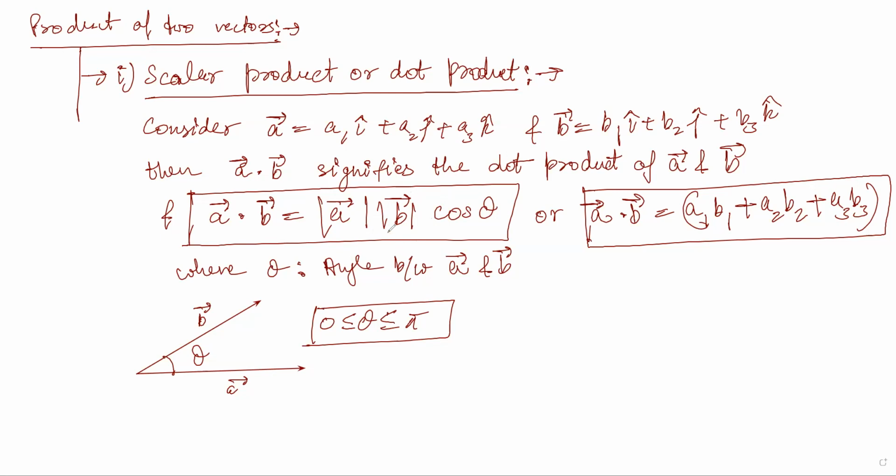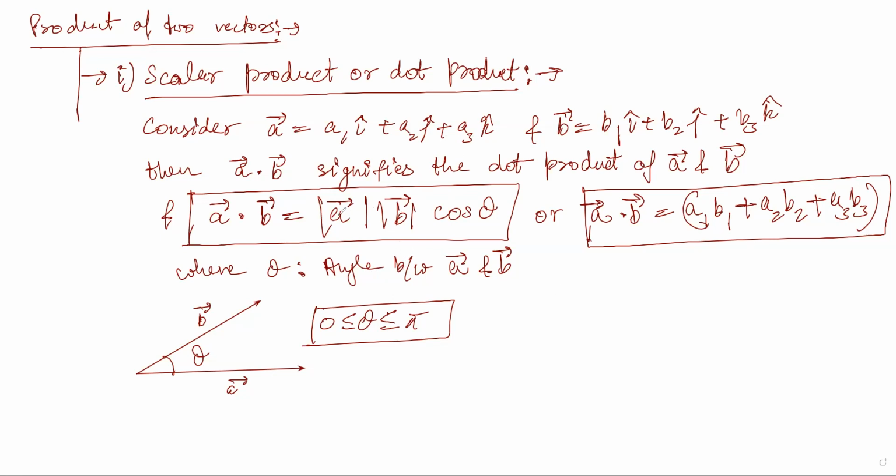Let's say you're multiplying A dot B, what does that mean? You are multiplying each component with each other component, right? So when you multiply A1 i cap with B1 i cap, you're multiplying i with i. So i and i are the same vector, and the same vector has an angle 0.